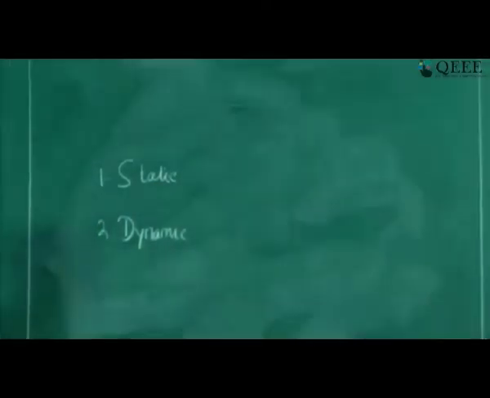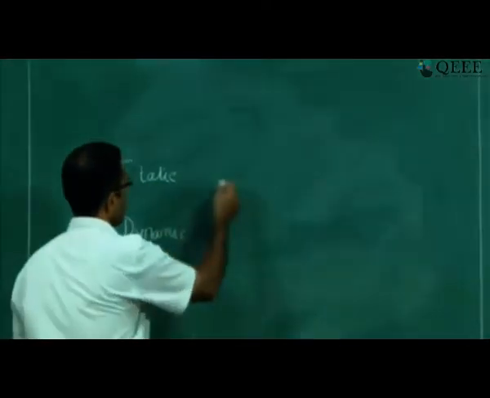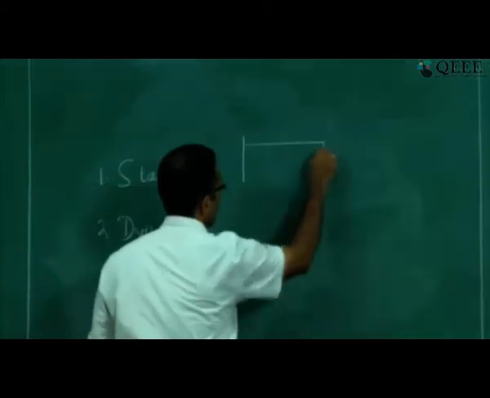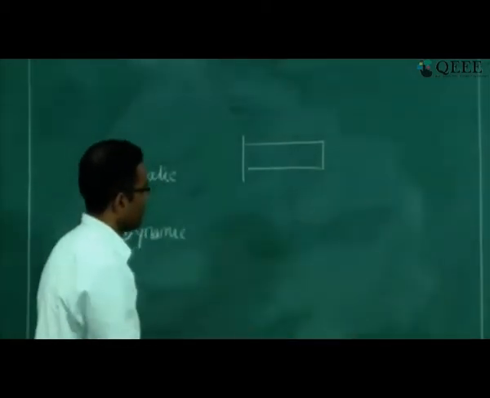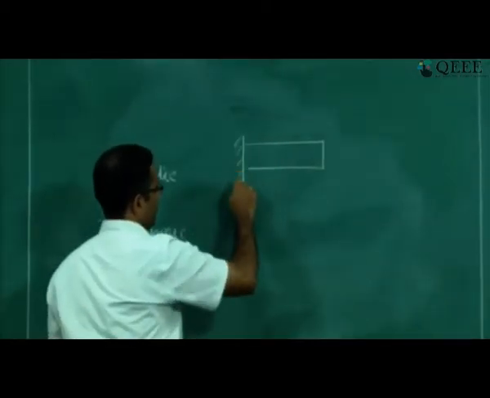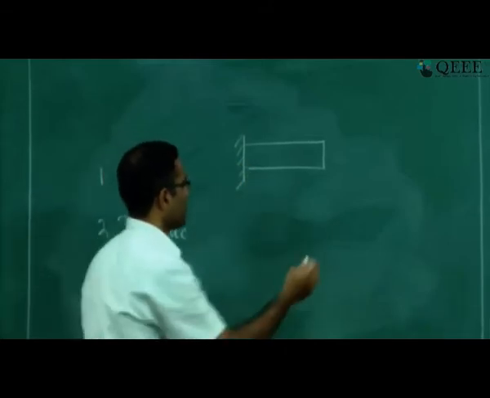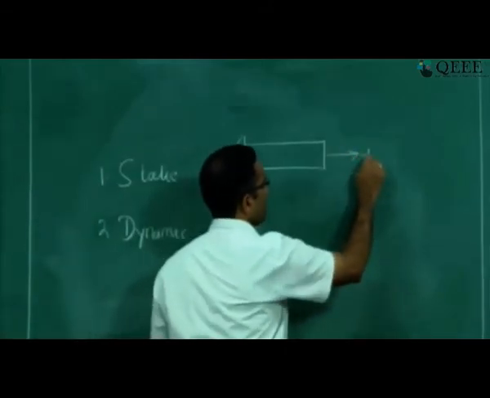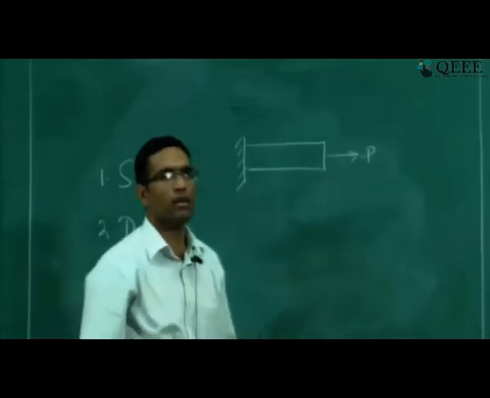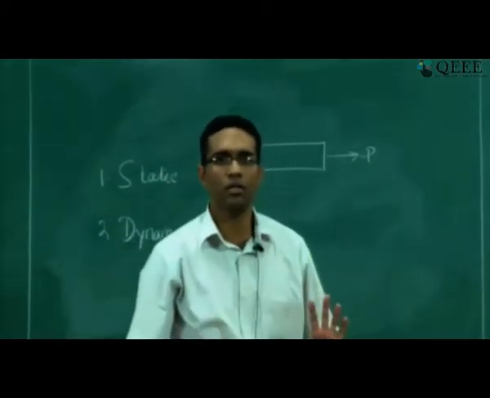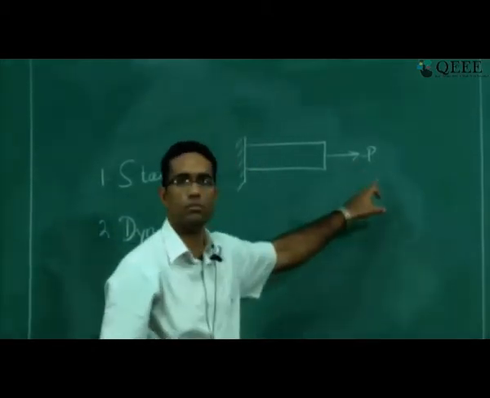So when we say static, what does it mean? Very simple, right? The word itself has the meaning in it. So if there is a bar, I like this bar example, I will usually use this to give you some simple idea as to what I am trying to say. So you have the load P here. This load P is not varying with time. Okay, so it is a static problem.